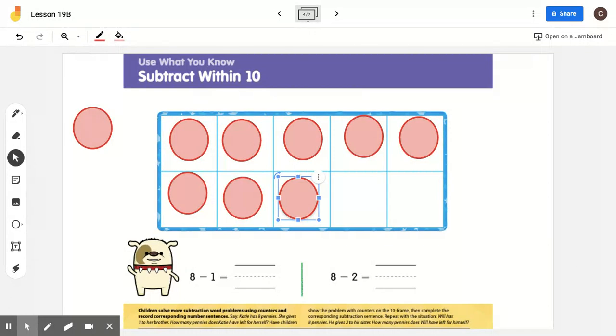So now we have to figure out how many does Kate have left. So if we were at 8 and she gives her brother 1, how many does she have left? Yeah, she has 7. So there were 8 in here. We took 1 away, and now 5 and 2 make 7. Very good.